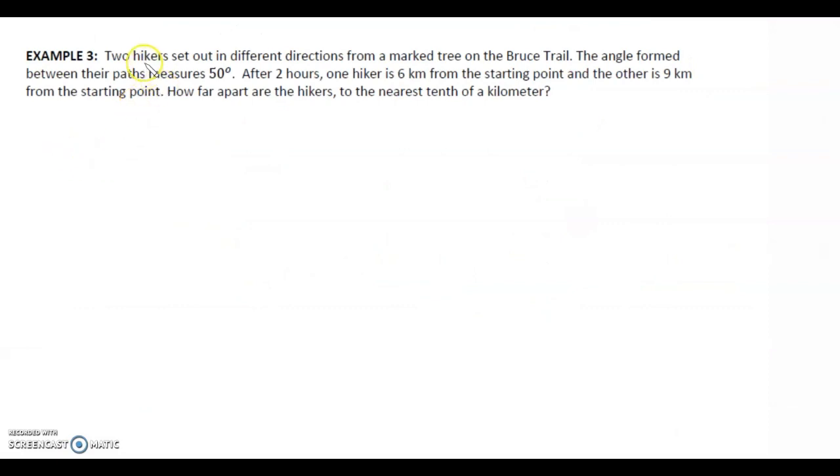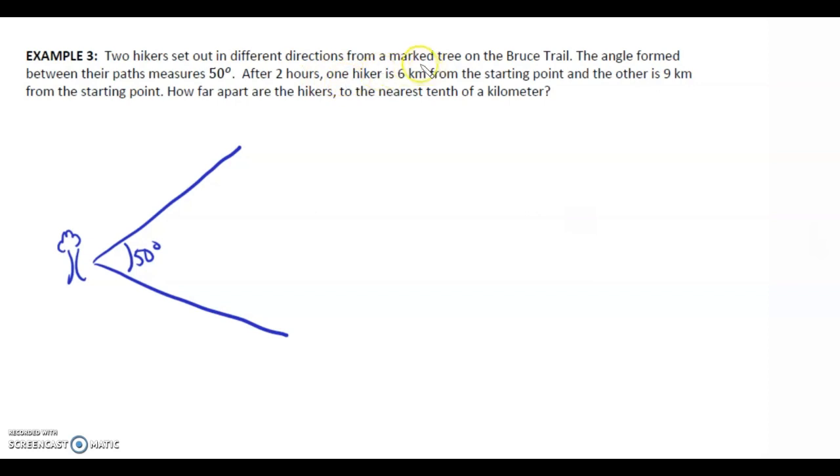Example 3. 2 hikers set out in different directions from a marked tree on the Bruce Trail. So what that's going to be is there's some marked tree. One hiker's going this way, one hiker's going this way. The angle formed between their paths measures 50 degrees. So that's going to be 50 degrees between their paths.